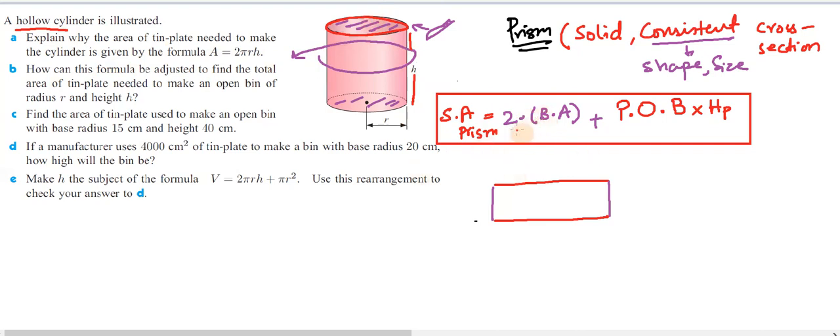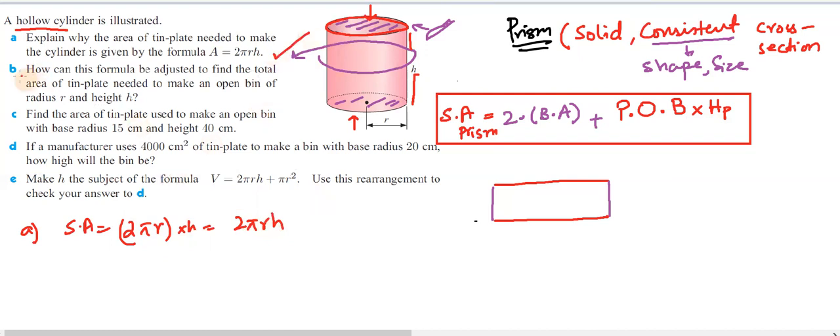So we will use the same formula for part A, and it doesn't have base area because the top is not covered, the bottom is not covered. It's a simple hollow cylinder, a pipe. Perimeter of base, it's a circle, so perimeter of base will be 2 pi r. And the height of this prism is given by h here. And that's as simple as you like, 2 pi r h.